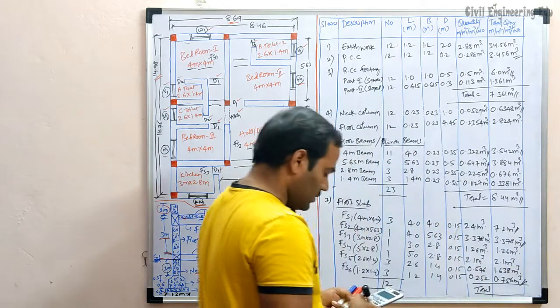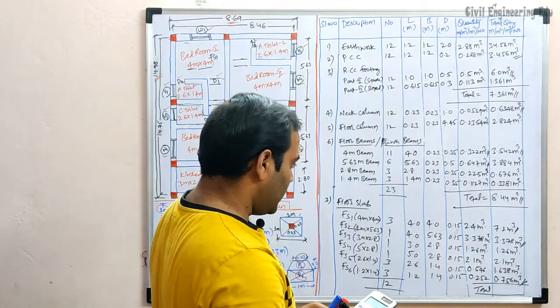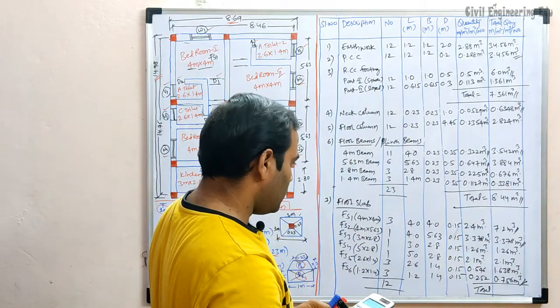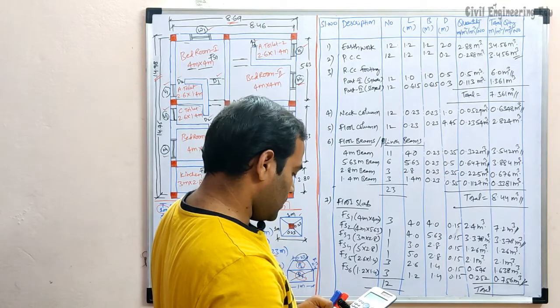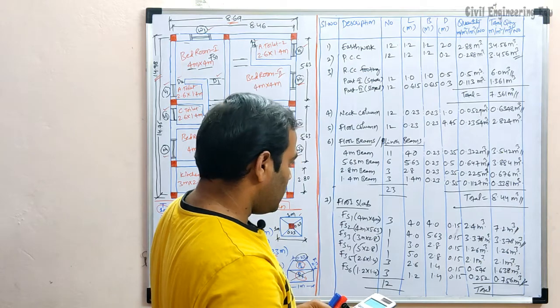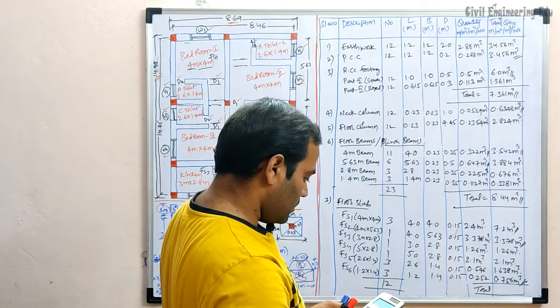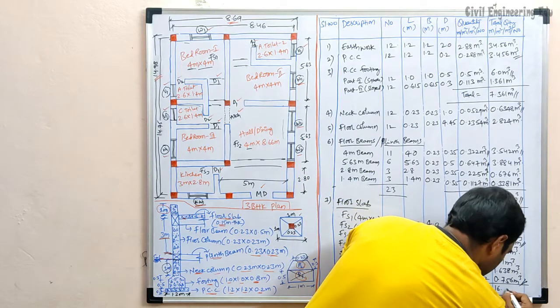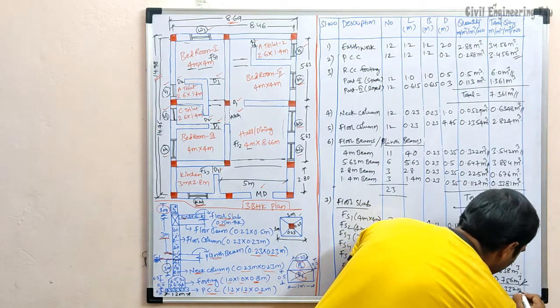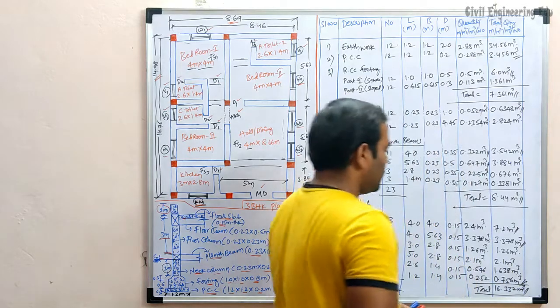The total is 1.638 plus 2.1 plus 1.26 plus 3.378 plus 7.2, including this one. So I got 16.332 meter cube.